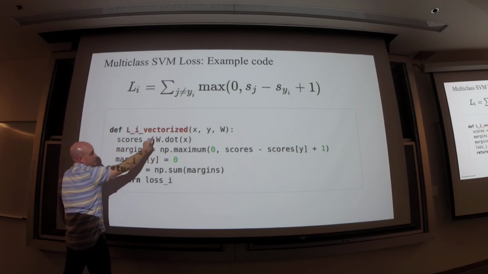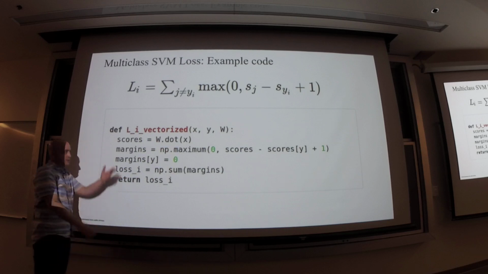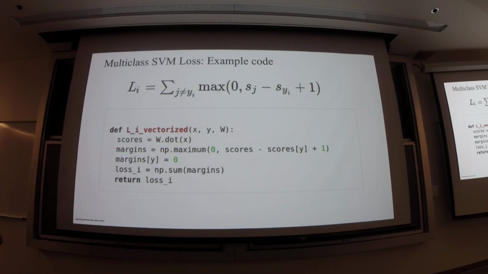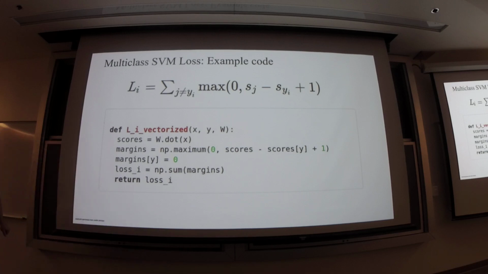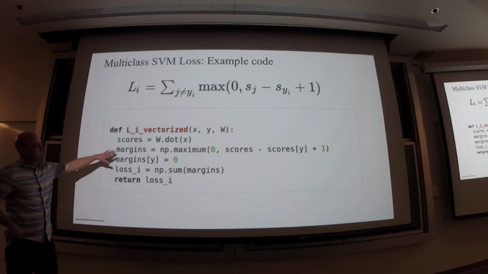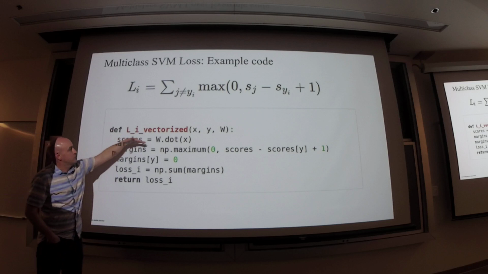How do we calculate our scores? Our scores are just W times X, which is how you do this in NumPy with this dot operation. If you're a MATLAB person and you miss just using your asterisk to do that, that is available in newer versions of Python, but still not standard. So some people are like, "Yay, that's great." And then you get your scores.